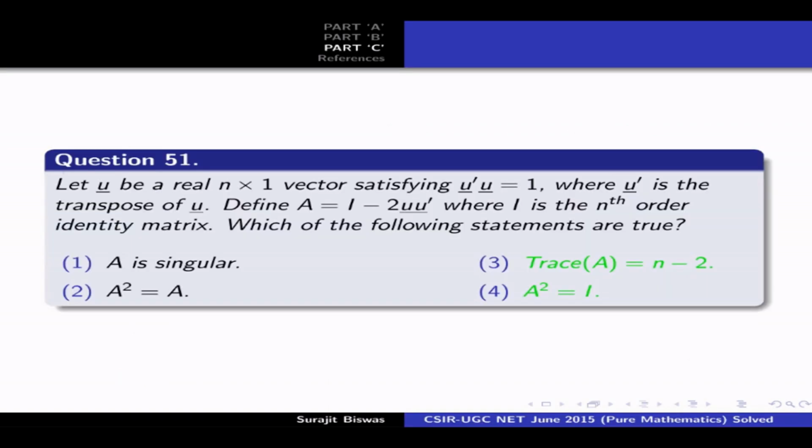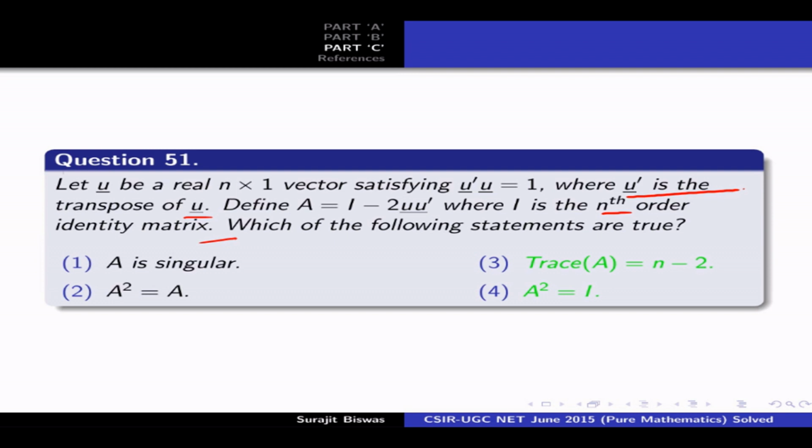Question 51. Let U be a real n by 1 vector satisfying U dashed times U equal to 1, where U dashed is the transpose of U. Define A equal to I minus 2 times U U dashed, where I is the nth order identity matrix.